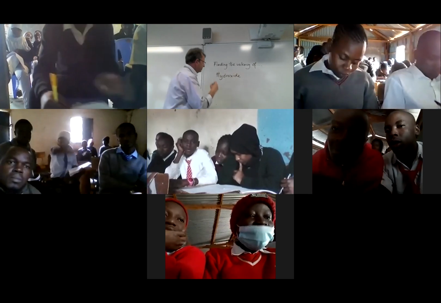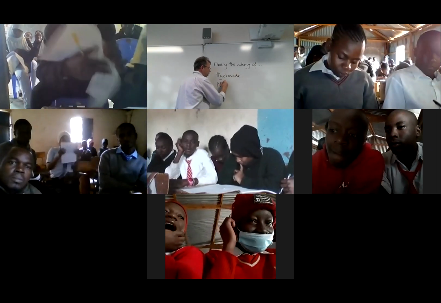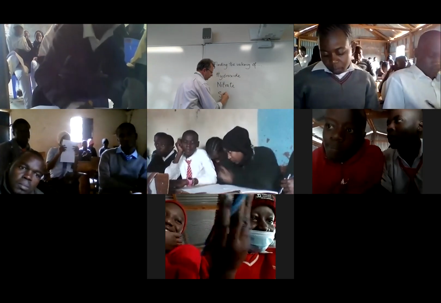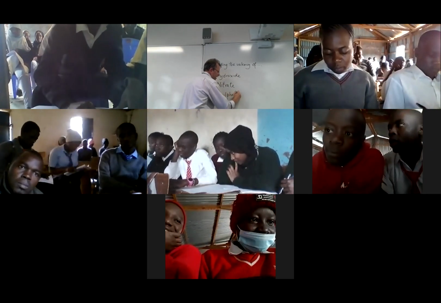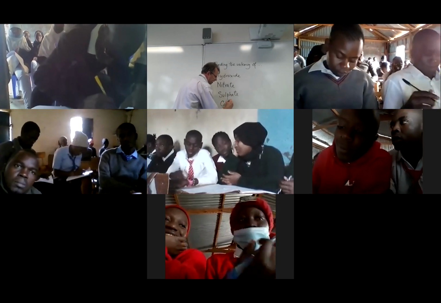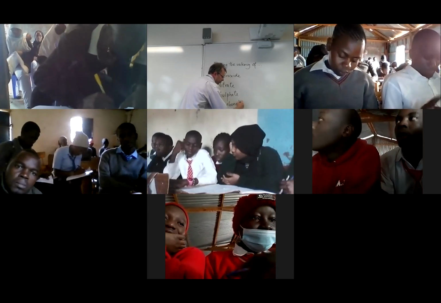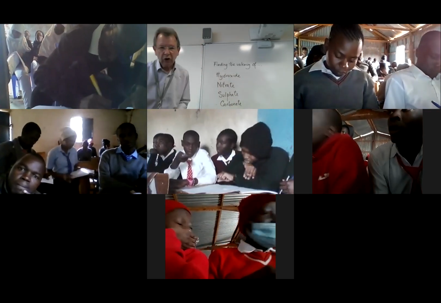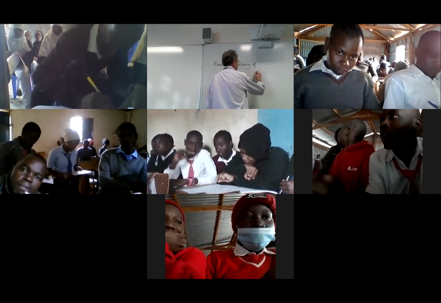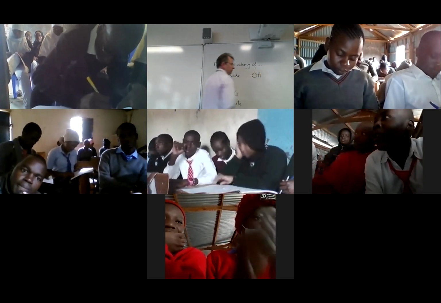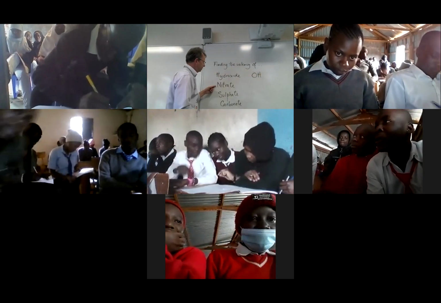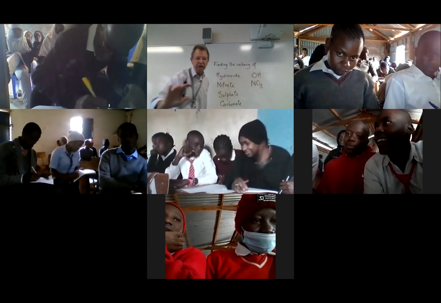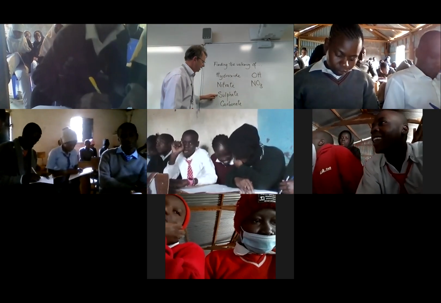The second one is nitrate. The third one is sulfate. And the fourth one is carbonate. I hope you can see the bottom of my screen. Hydroxide is OH, capital O, capital H.